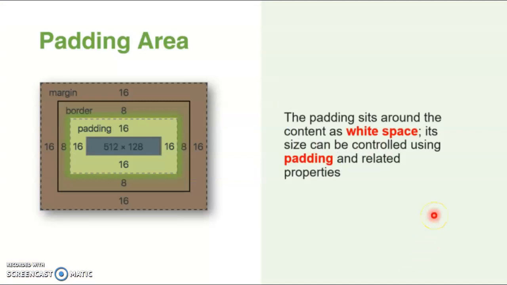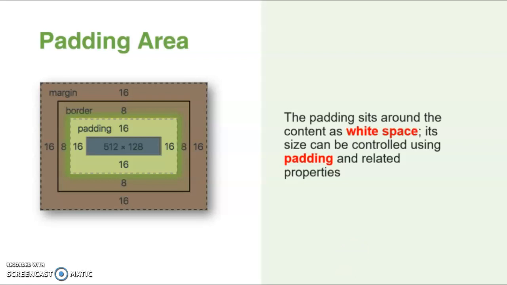The padding sits between the border and the content area as white space. Unlike margin, you cannot have negative amounts of padding, so the value must be 0 or a positive value. Any background applied to your element will display behind the padding. It is typically used to push the content away from the border.